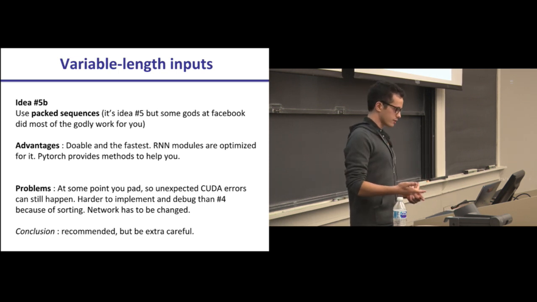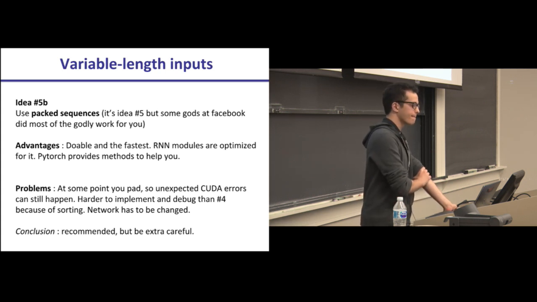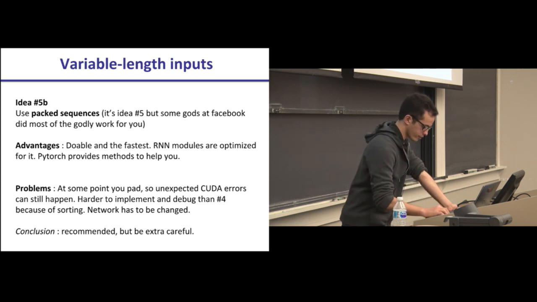So you have to sort that, and you have to remember that you sorted. It's not so easy, but if you are careful, that's probably the best method. So in the end, when you're sure your model actually works and you've done batch size 1 and everything, try to implement that.